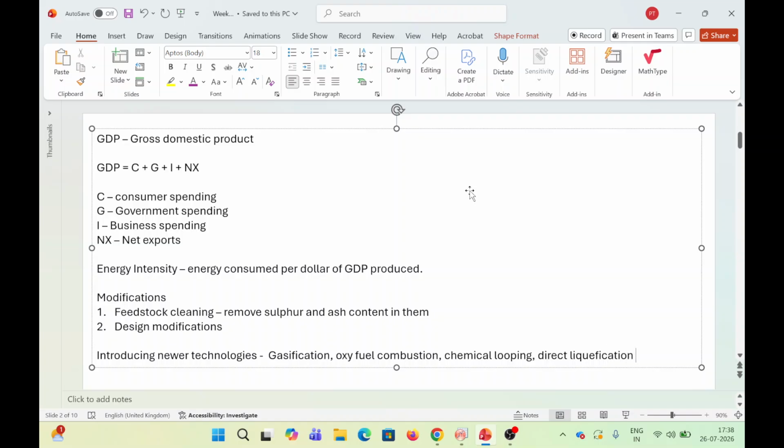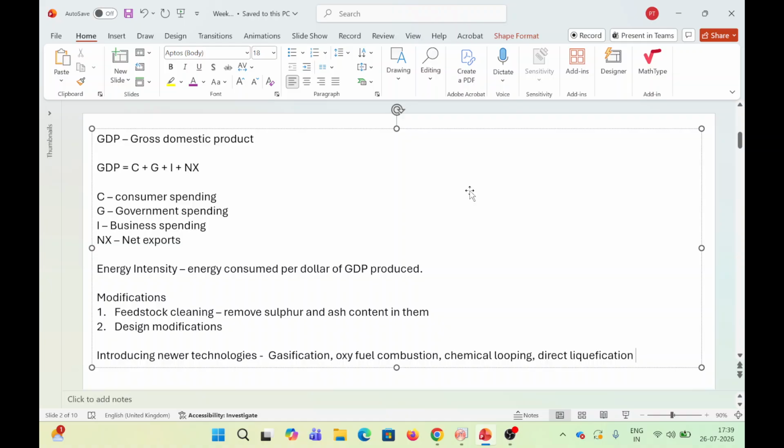I'm just giving a few examples of the newer technologies that can be introduced, because in all these technologies the major goal is to make sure that the harmful gases, or the flue gas that gets emitted, is emitted at a very controlled rate, so that you can capture them for further processing, so that the quantity of flue gas emitted to the atmosphere is decreased and the process is more sustainable in nature.